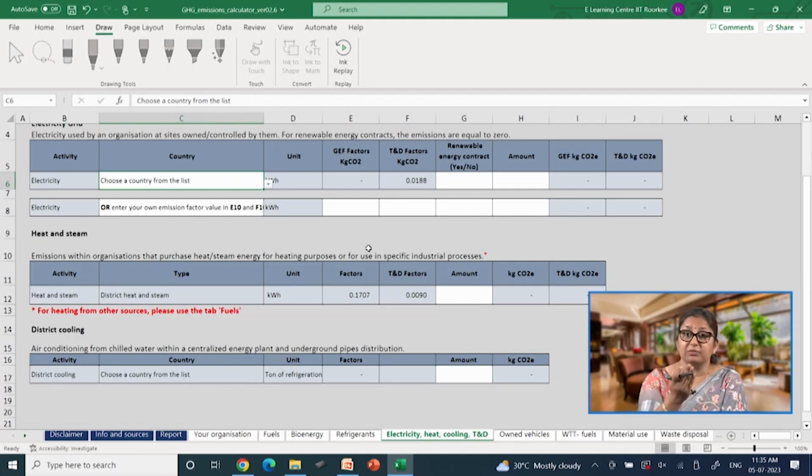So, though we are purchasing it from the grid, we also have a renewable energy contract, which means that we are paying to produce renewable energy somewhere or are purchasing a part of the electricity as renewable energy. So, it would automatically take this into account and modify the emission factors accordingly, and then we will get the overall carbon dioxide emissions for electricity, heating and cooling and transmission and distribution losses that are happening.